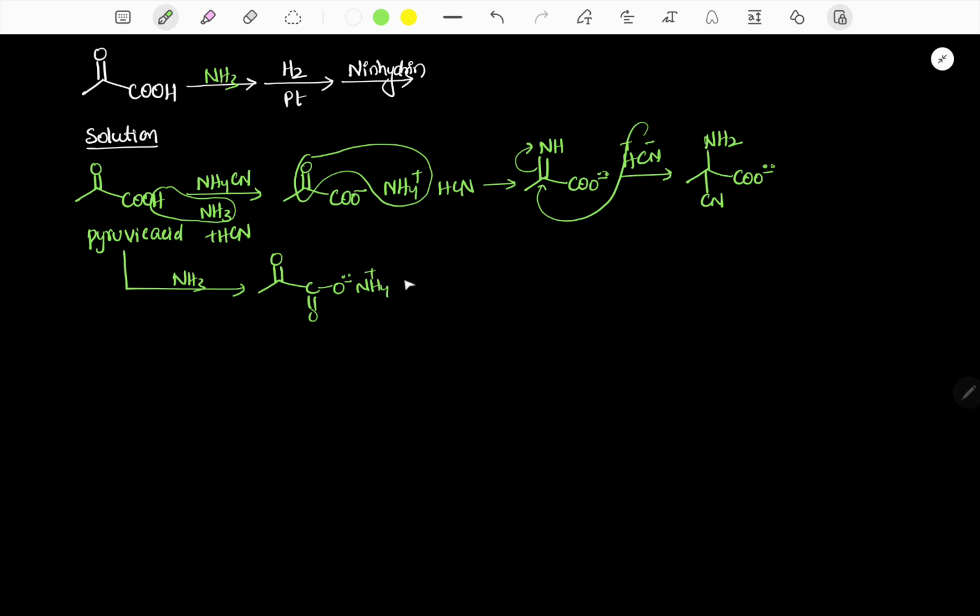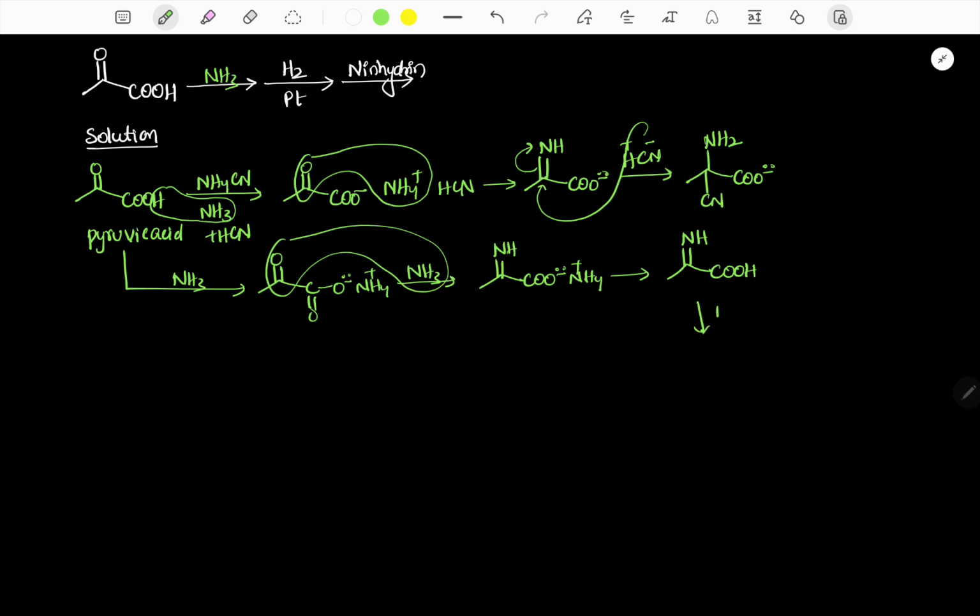Now the excess ammonia reacts with the ketone and forms the corresponding imine. It is our first product. If I consider acidification, it is our answer. So here please consider ammonia.